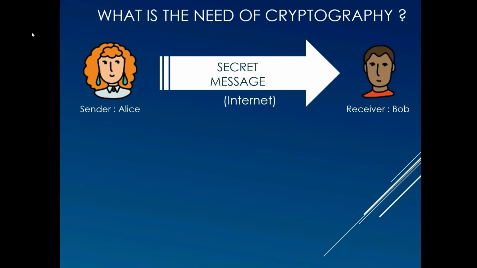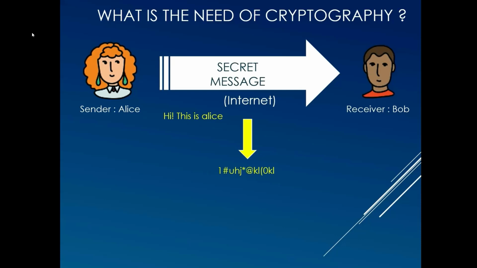Cryptography is basically a method designed using mathematical concepts and rules such that it converts any meaningful message, such as here highlighted in yellow, into a junk or meaningless, unreadable message that is shown here.